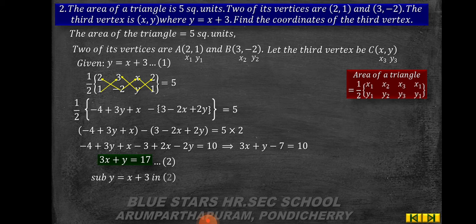So substitute y is equal to x plus 3 in equation 2. We get 3x plus 3 is equal to 17, which implies 4x is equal to 17 minus 3 is 14. Therefore, the value of x is equal to 14 divided by 4. Therefore, x is equal to 7 by 2.